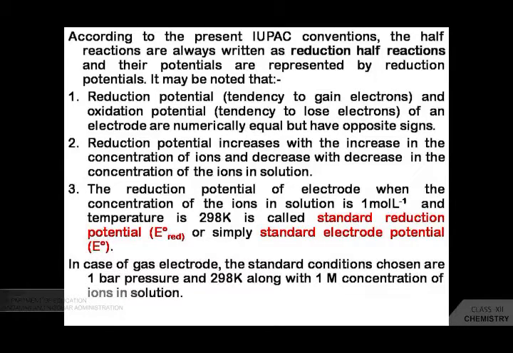This naught represents the standard condition of the electrochemical cell. In the case of a gaseous electrode, what is the standard condition? In the case of a gas electrode, the standard conditions chosen are 1 bar pressure and 298 Kelvin, along with 1 molar concentration of ions in the solution.